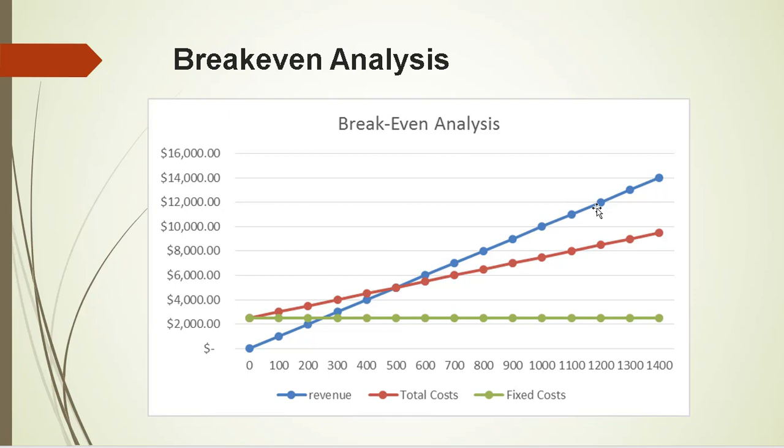And where the total revenue intersects with the total cost, right in here, that's roughly 500 units. That is the break-even point. So before the break-even point, we are losing money. That is, total revenue is less than total costs. And to the right or above the break-even point, we have profit that's being made.